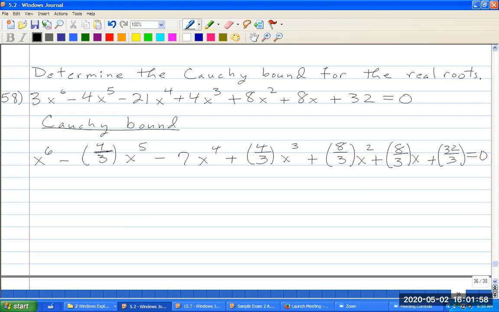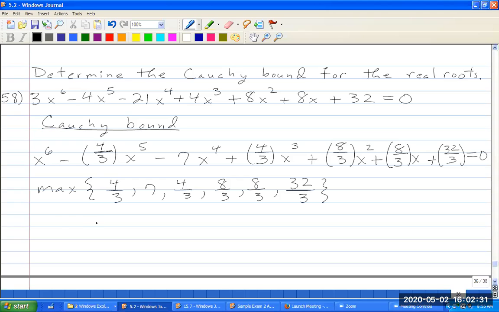So now let's find the maximum of the coefficients, and let's take the absolute value of each of them. So 4/3, 7, 4/3, 8/3, 8/3, and 32/3.